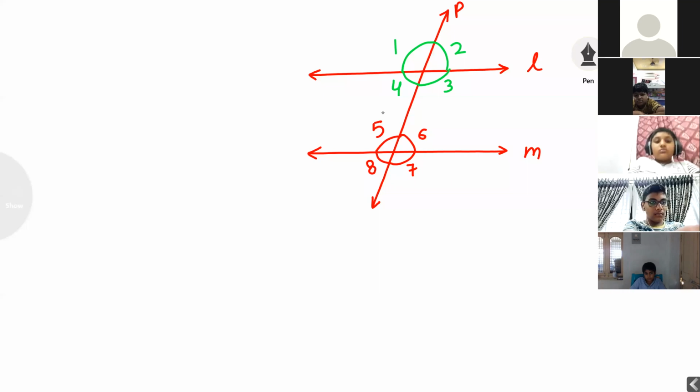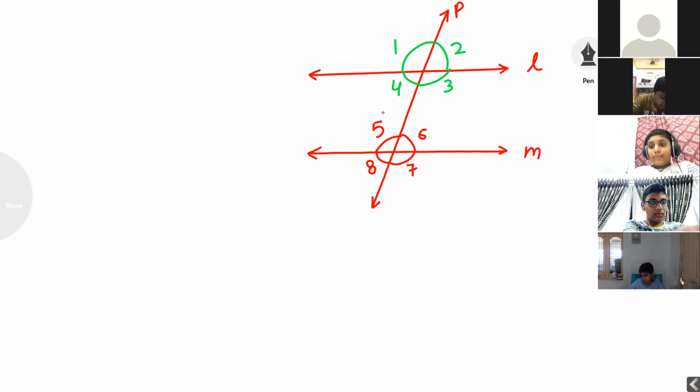Draw this figure firstly. Draw this figure very neat and clean, everyone. You can use different colors also. Use pencil, and you can use different pencils for the colors.